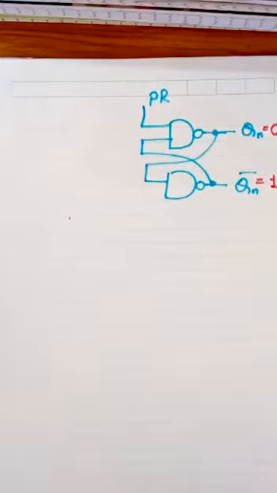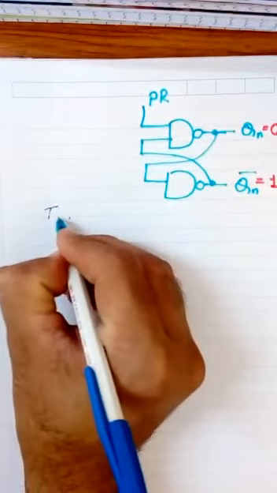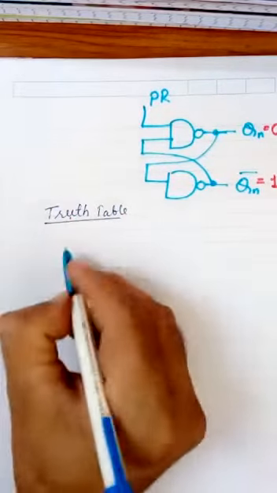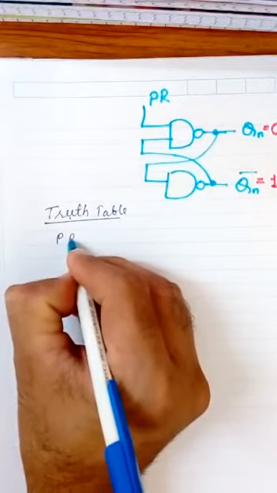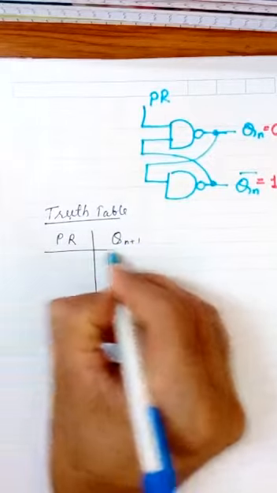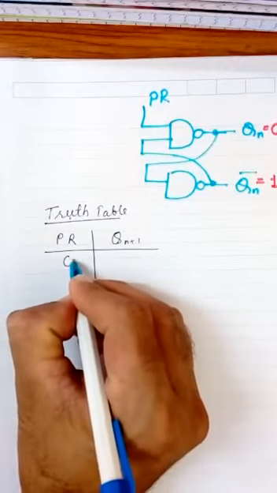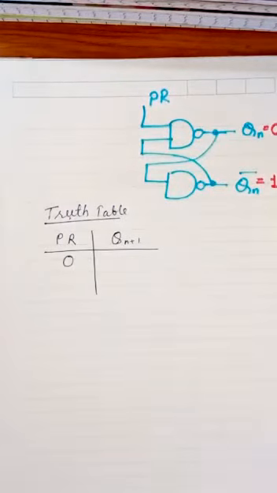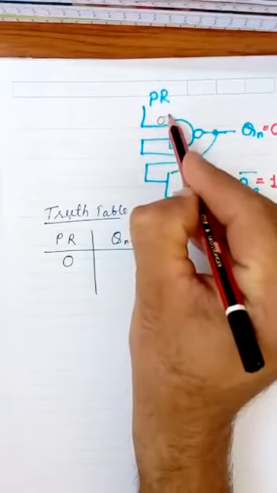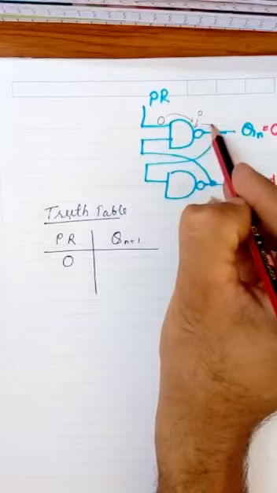Now we will draw its truth table, with PR preset and its Qn plus 1 term. If PR is equal to 0, what will happen here? In this case, if this is 0, then this will give 0 at this point and 1 at this point.